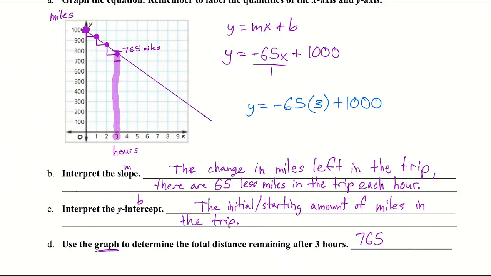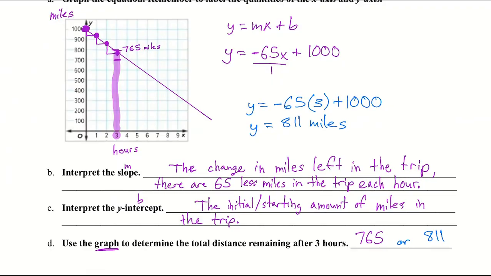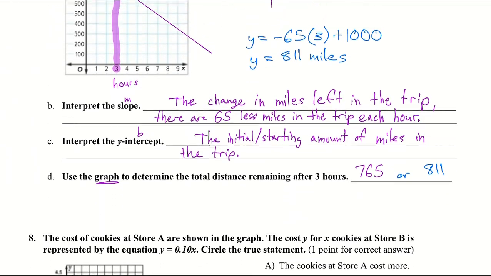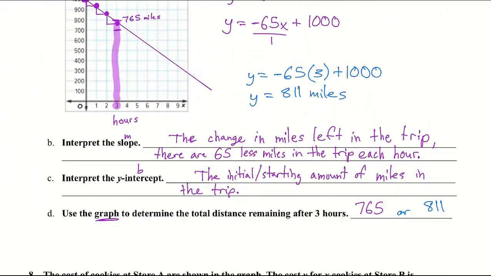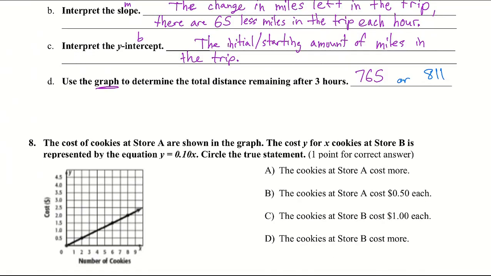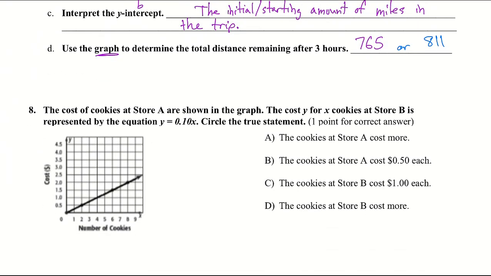Oh, okay, so my graph is not super accurate. It's not too far off, but really what I should be looking for is 811 miles. So either way it'll work. I just need to see how you did it. That's all I need to see. So that's 7. We went from 5 to 8 because I can count. All right, anyway, moving on.